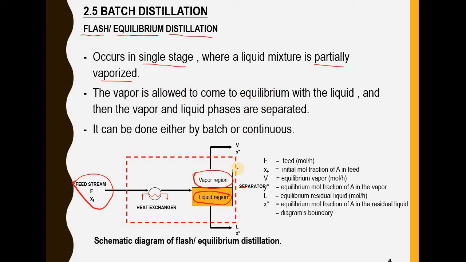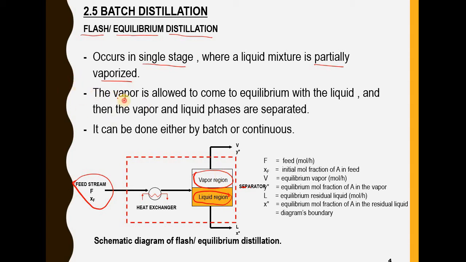The vapor is allowed to come to equilibrium, which means that when the rate of condensation and the rate of vaporization are equal, we call it the equilibrium state.